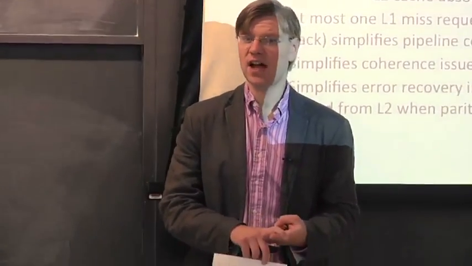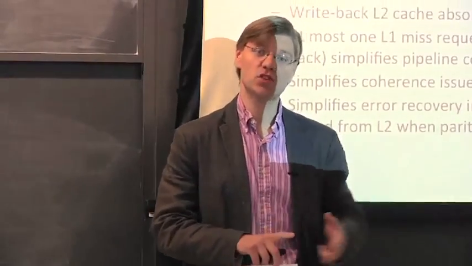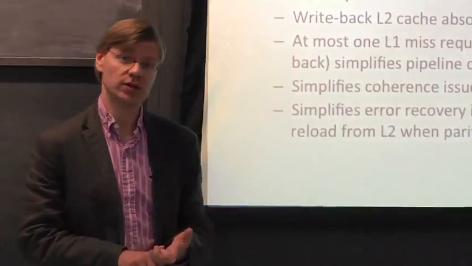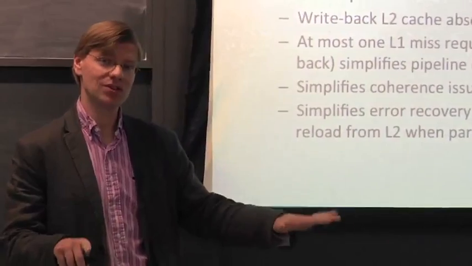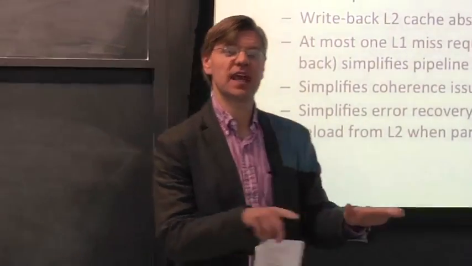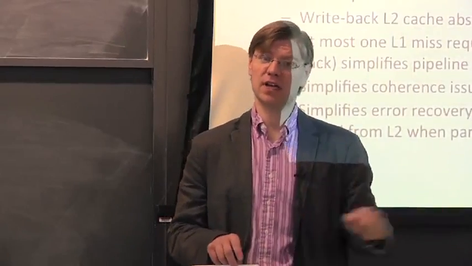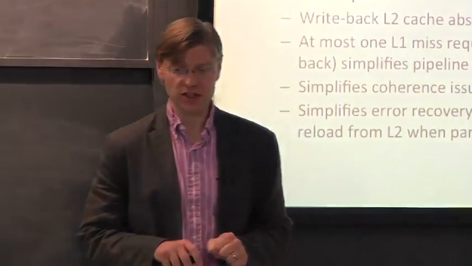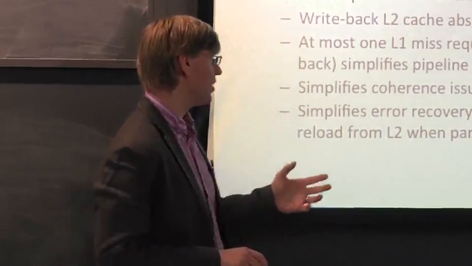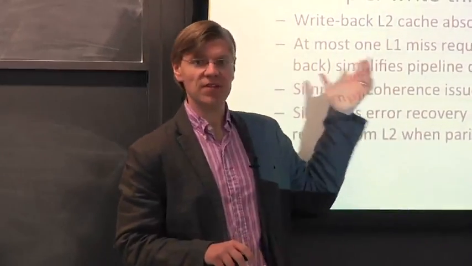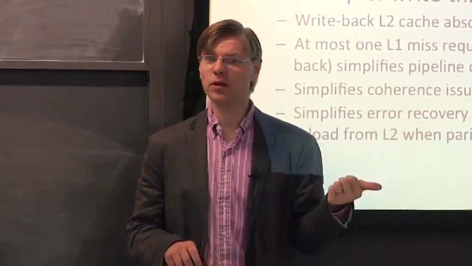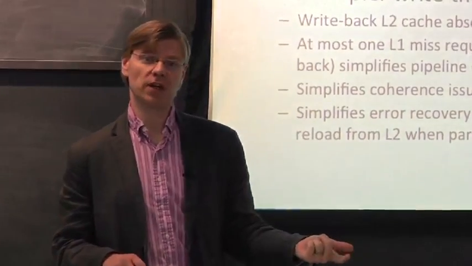But at the end of this course, we'll be talking about cache coherence, which is keeping the caches of multiple processors coherent so that the data does not become stale between those different caches. One of the questions that comes up is, by having write-through and simplifying the L1, does this become easier from that perspective? And it does.